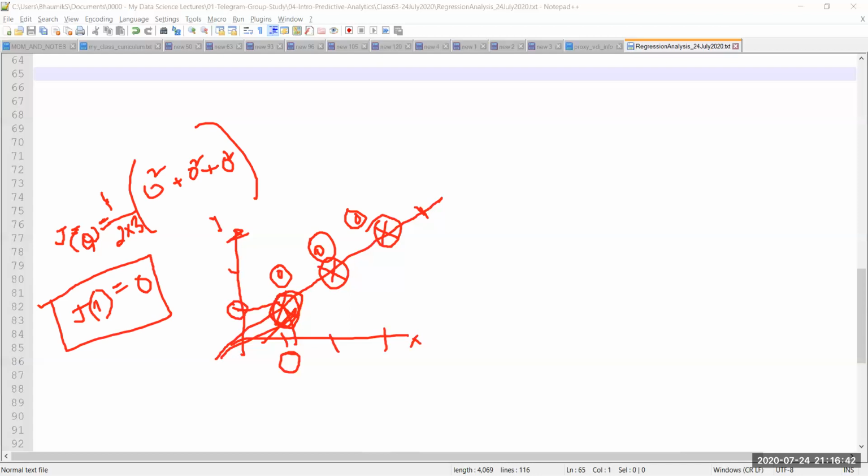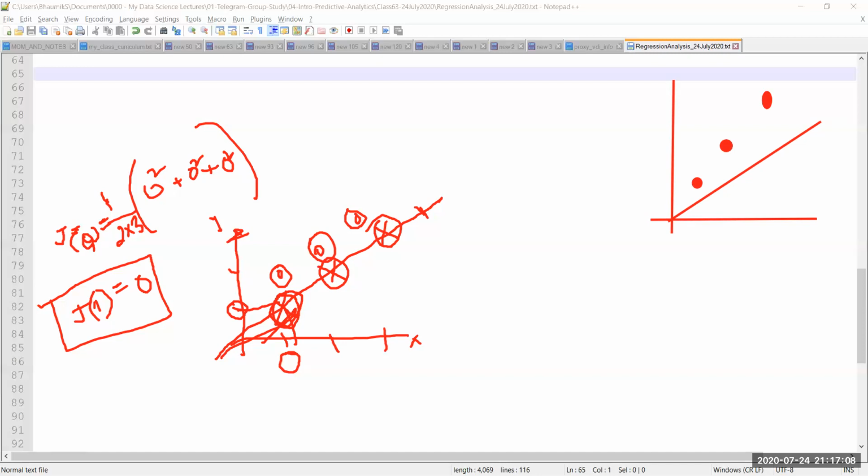Now let's take another practical example. This is really not a practical example. A practical example is where I have x and y like this, and I have a line, obviously with theta 0 assumed to be 0. And then I have points which are like this. One point is here, one point is here, and one point is here, let's say.